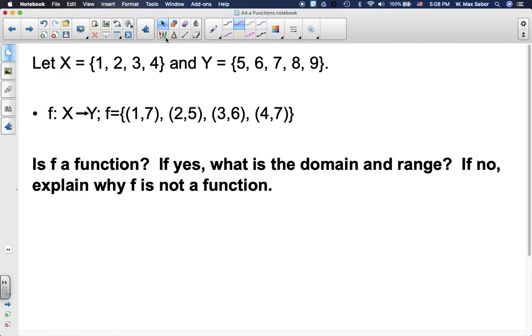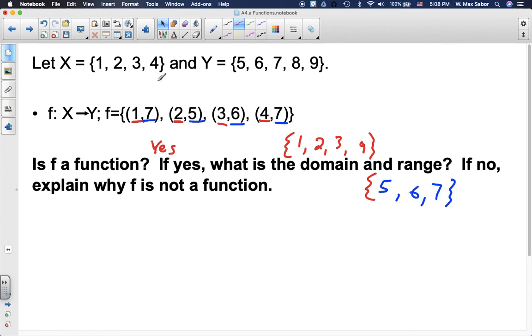Well, let's see if any input values repeat. So because those are our input values and they do not repeat, the answer is yes. The domain is 1, 2, 3, and 4, and the range is the set of output values, so 7, 5, 6, and 7. We don't list it twice, so even though 7 appears twice, we're only going to say it once.